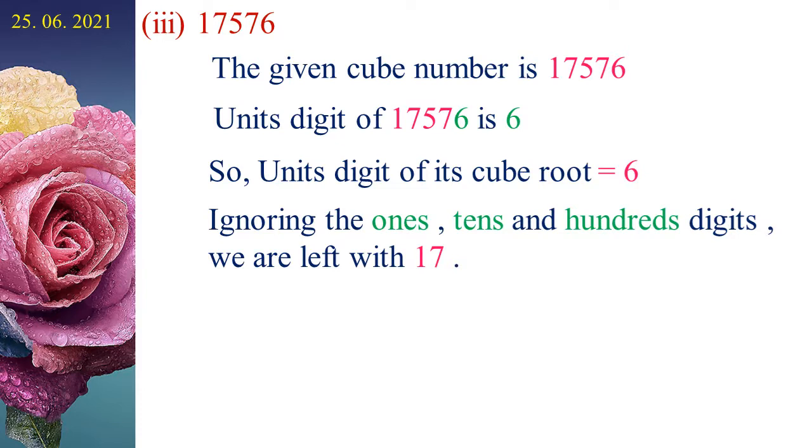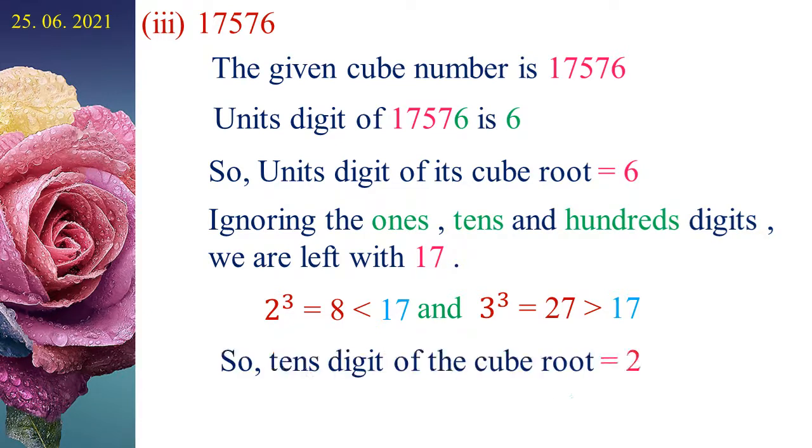Ignoring the ones, tens and hundreds digits, now we are left with 17. Then find whose cube is equal to or just less than the number 17. 2 cube equals 8. 8 is less than 17. And 3 cube equals 27. 27 is greater than 17. So, the tens digit of the cube root is 2. The cube root of 17,576 is 26.